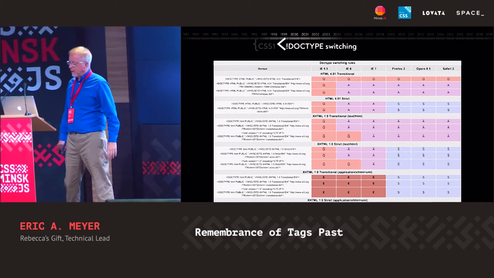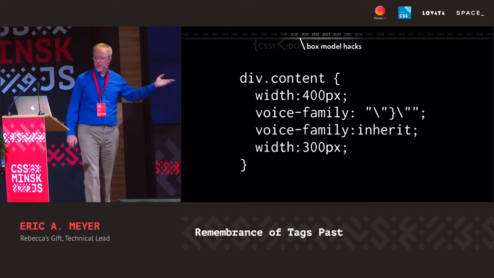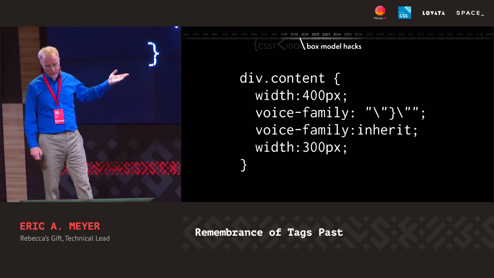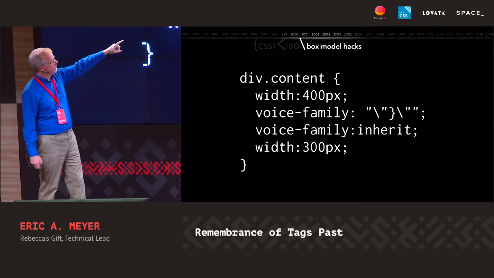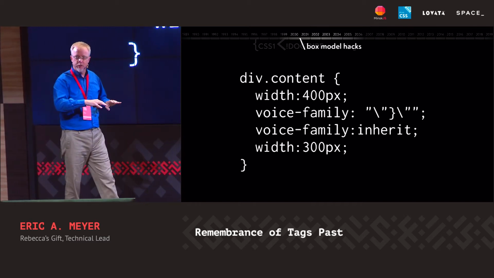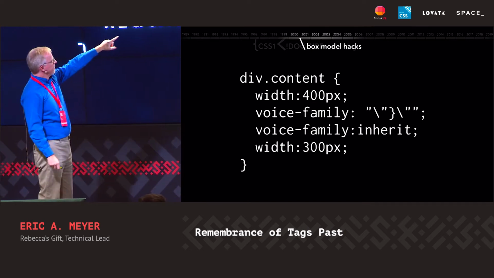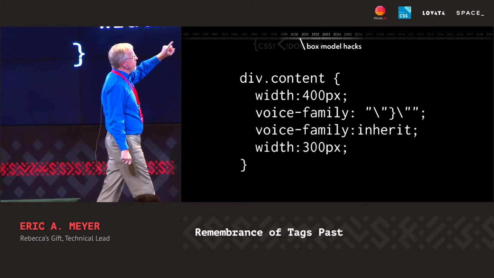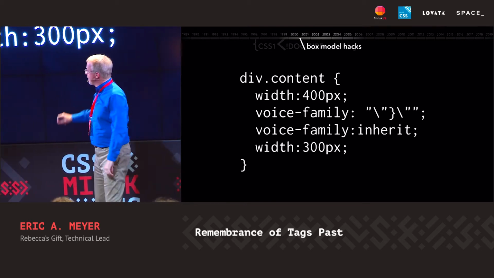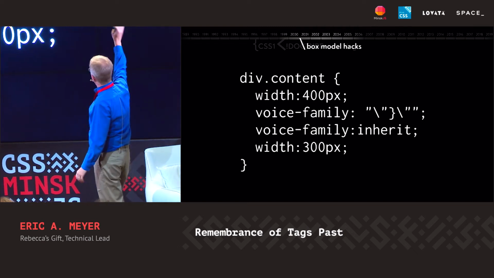There were other techniques that came up at the same time, like hacks based on bugs in the CSS parsing engines, like this one, which was called the box model hack, even though honestly it should have been called the voice family hack. But basically in older browsers that didn't do doctype switching, but you still wanted to trigger, in the browsers that you wanted to target, that curly brace there, because they had bugs in the parsing of the CSS before that, they would end the rule there.